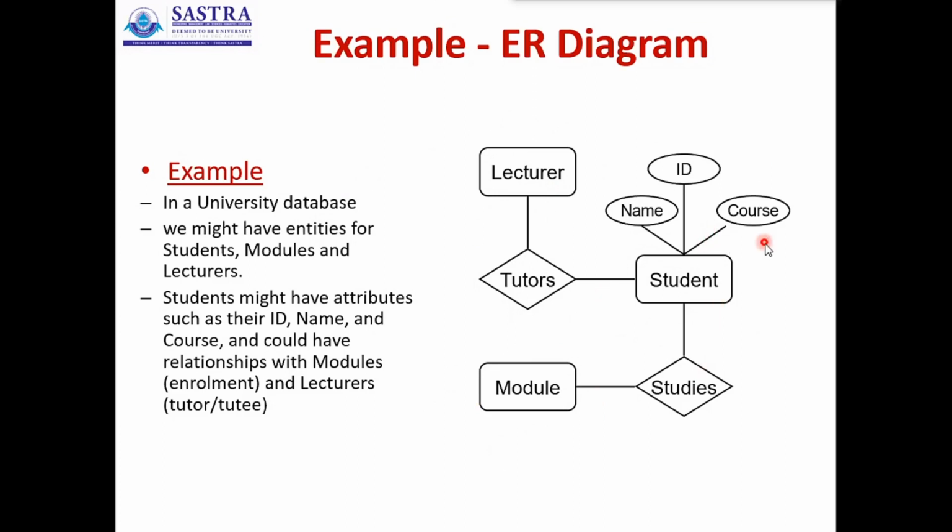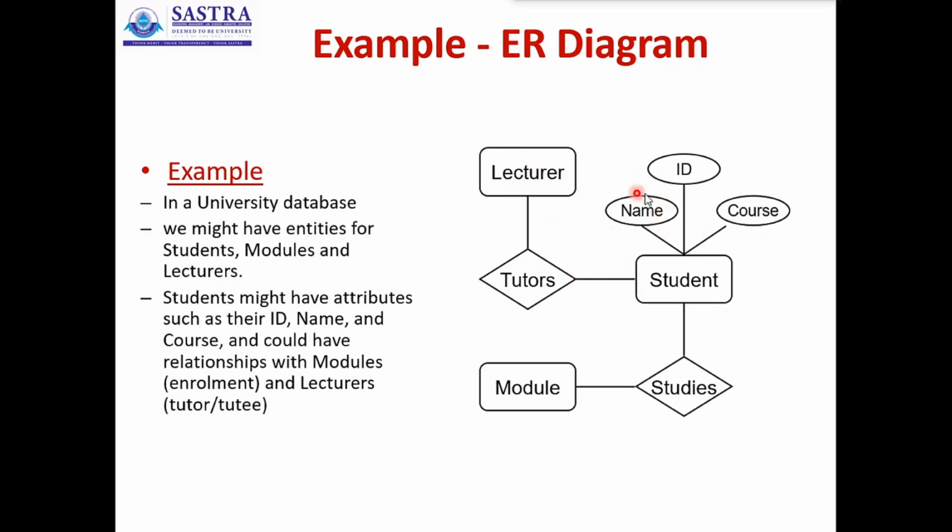Here we have student, lecturer and module. You can see in this diagram we have used four different notations. One is the rectangle, the second is the diamond shape, the third is the oval and the fourth is the straight line. Your entity will be represented using the rectangle.